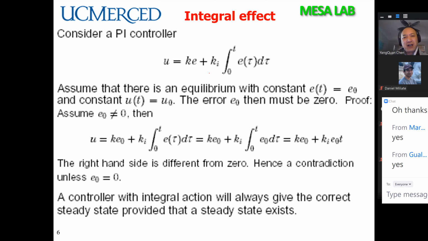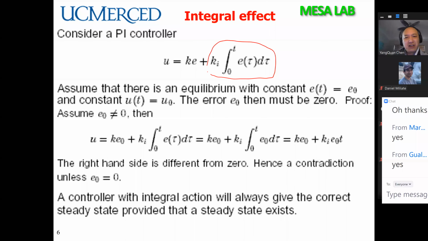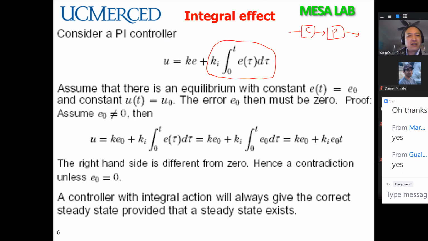When you have the I term, I already told you that if you have a C that is a PI, then you have a P here. Together, these two have one 1/s that is due to the integration. So the whole thing is at least type 1, right?